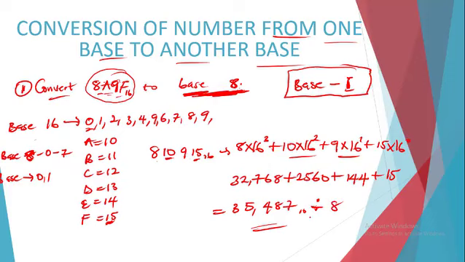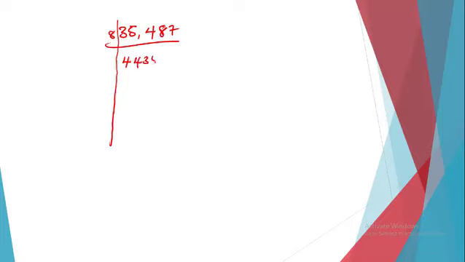Okay, let's go over to the next page. We have our number to be 35,487, and we are dividing by what? By 8. So let us start. 35,487 divided by 8 will give us what? 4,435, remainder 7.